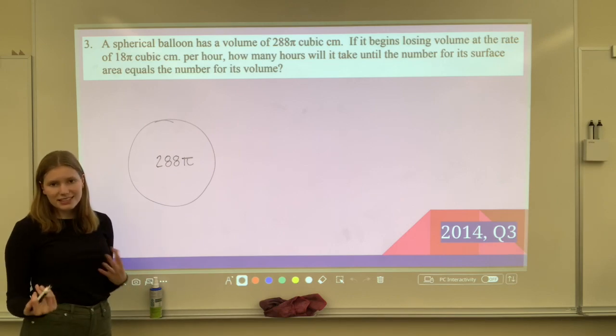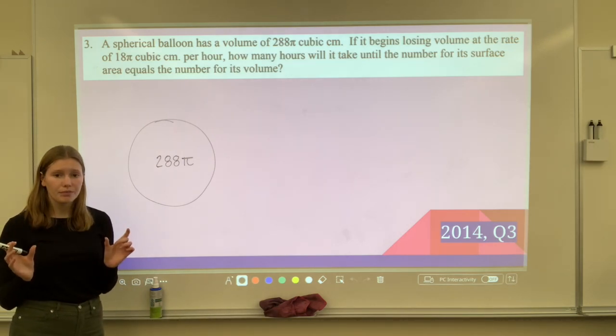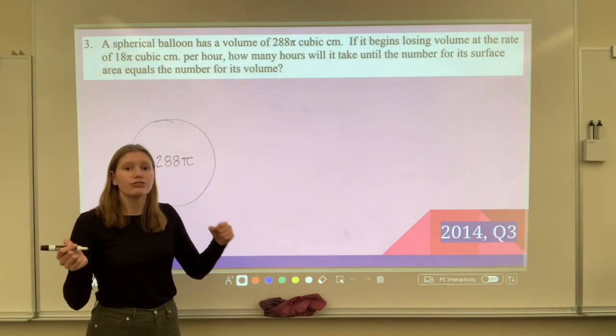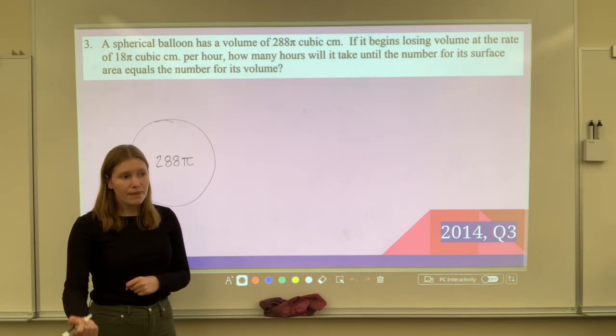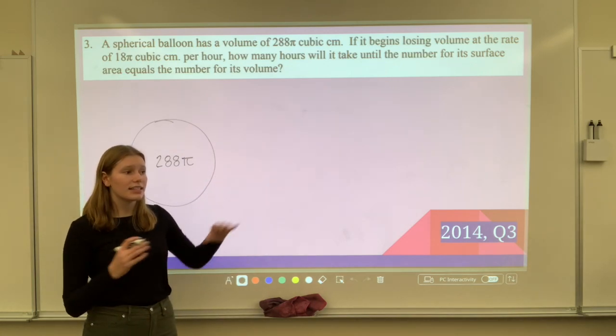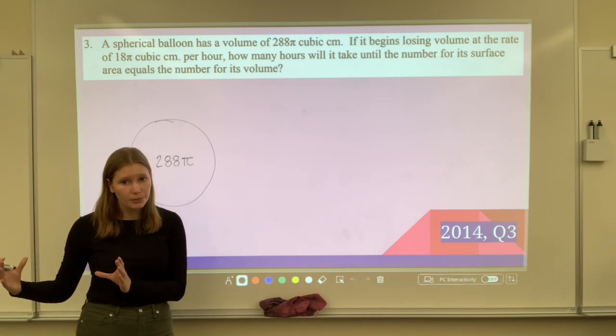So we want our volume to be equal to our surface area after a certain amount of hours. The way that we can set that up is by saying surface area is equal to volume. The one piece of information in both of those that we actually get from the sphere itself is the radius. So I'm going to write the formula for the surface area and set it equal to the formula for the volume.